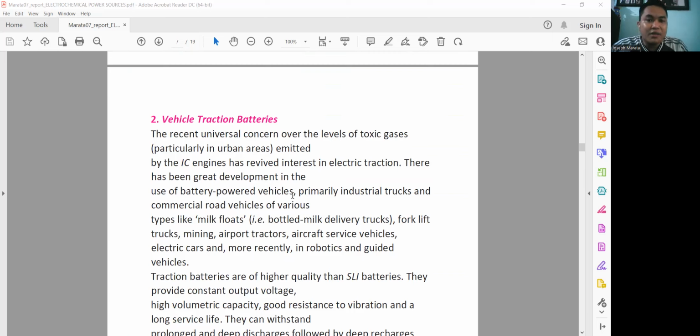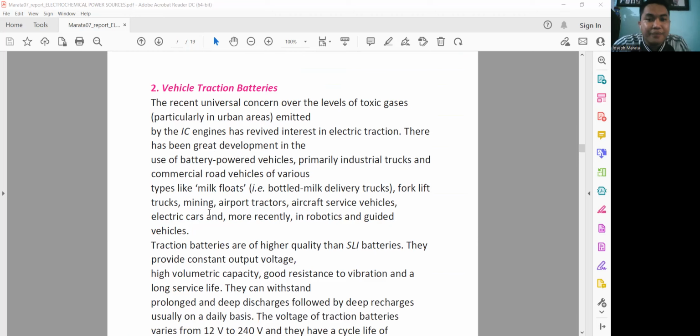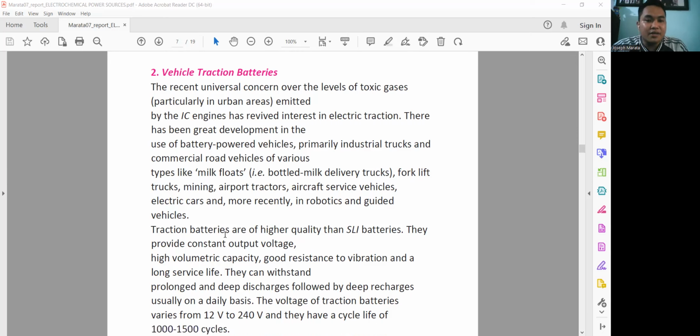There has been great development in the use of battery-powered vehicles, primarily industrial trucks and commercial road vehicles of various types like milk floats, forklift trucks, mining, tractors, aircraft service vehicles, electric cars, and more recently, in robotics and guided vehicles.